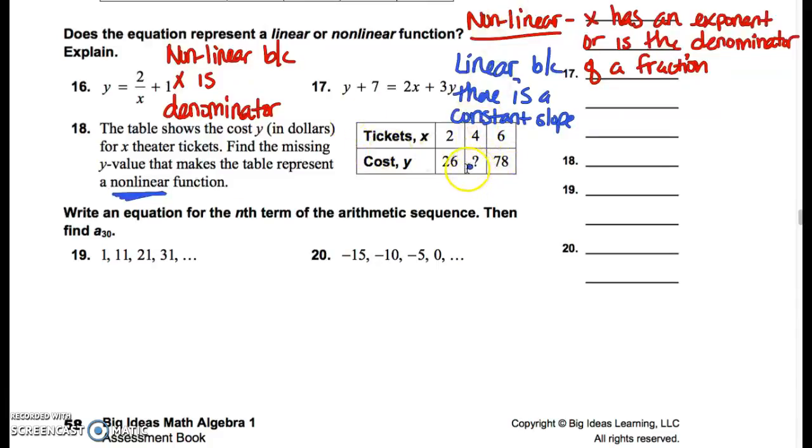Now, if that question mark were 52, then it would be linear. So whatever number you pick for that question mark needs to be anything other than 52. So I'll just write a number in here and you can fill in yours.